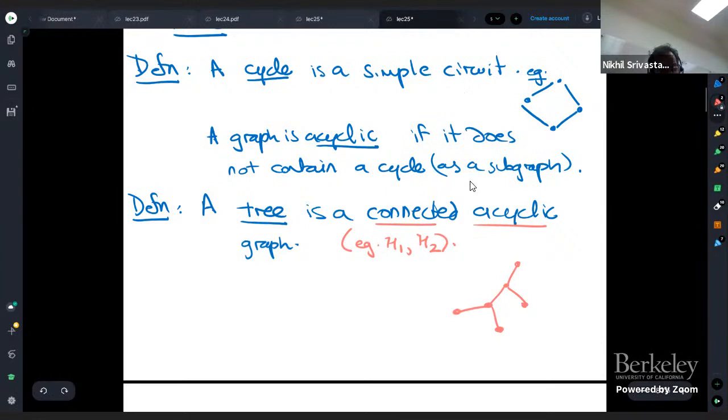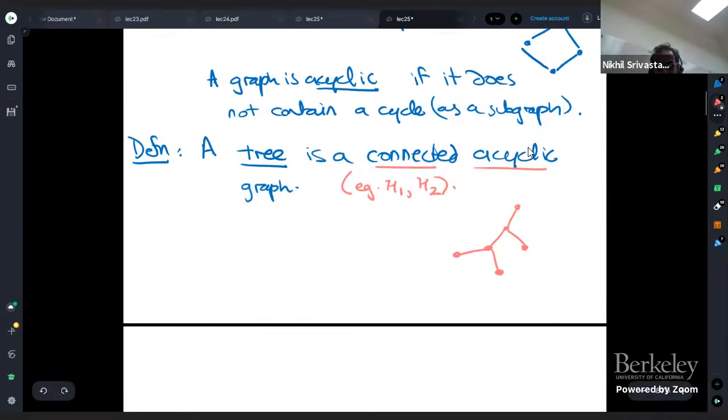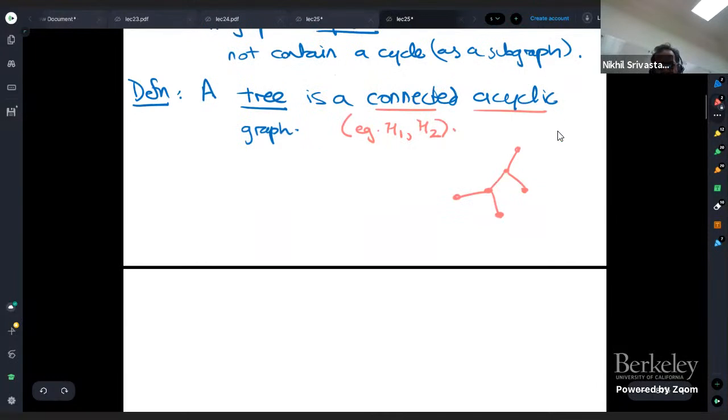What we're going to do here is prove some basic fundamental properties of trees, and then show how they're related to general graphs being connected. So first, I'm going to give you an alternate characterization of trees. Here's a theorem.